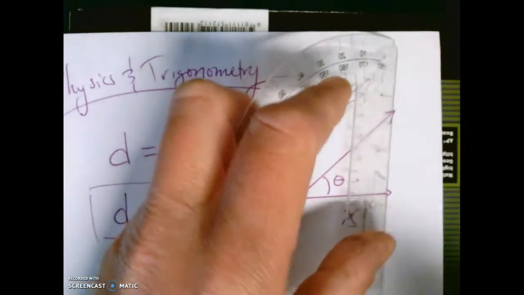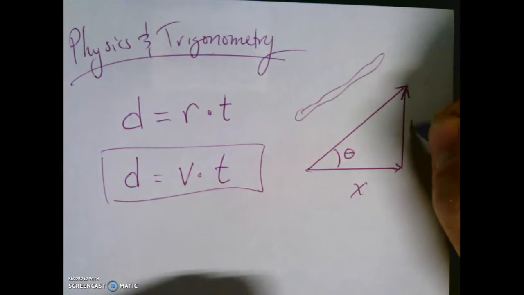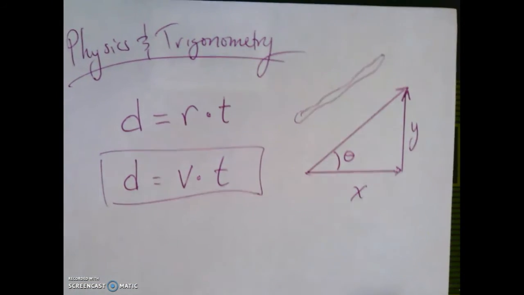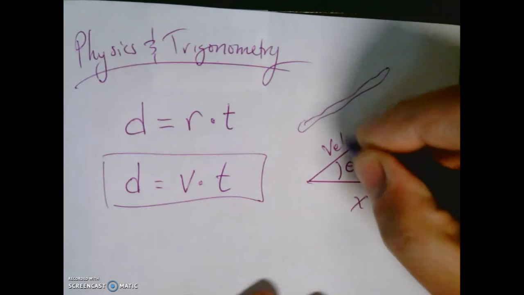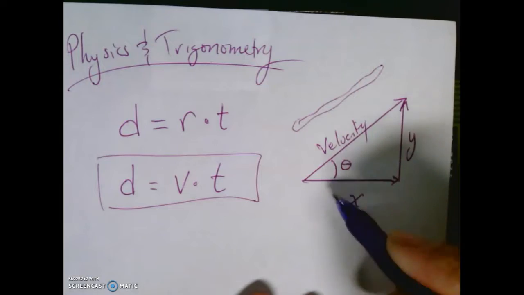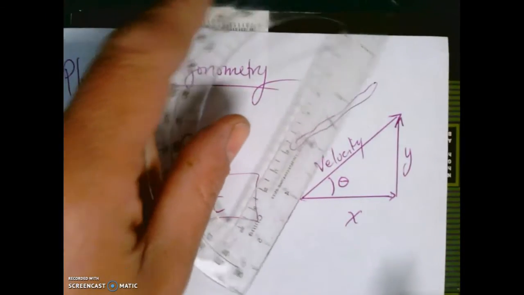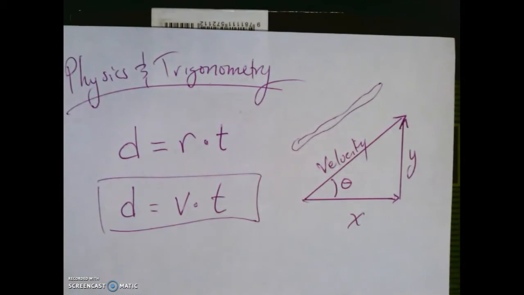Or if you shot the rubber band straight up, all its velocity would be in the y direction. So part of the velocity is in the x direction, part of it is in the y direction, and the more you tilt it, you affect how much energy is going in each direction.